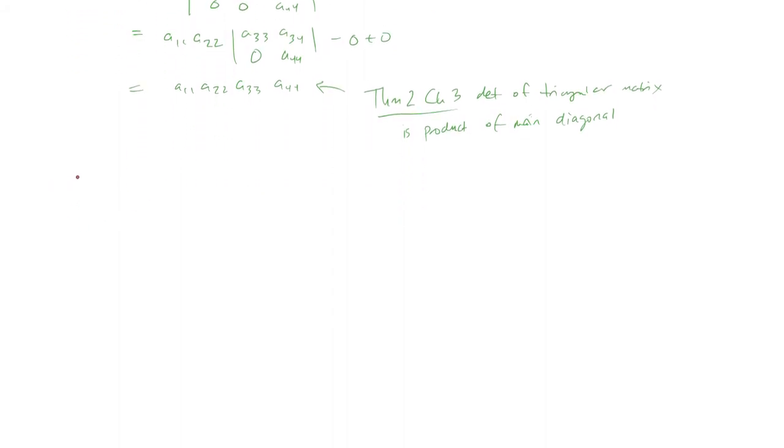Okay, let's do one more example. So if E is an elementary matrix, and we'll do the 3 by 3 elementary matrix, and it represents a row interchange, what's the determinant of E?